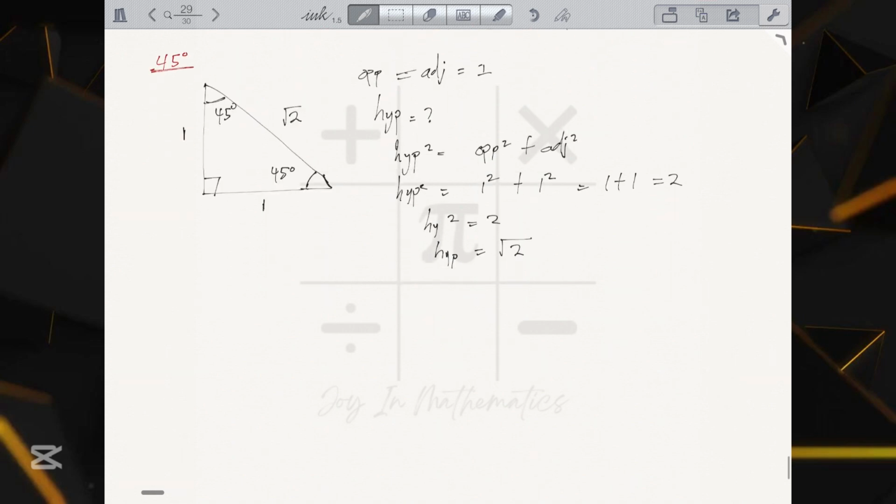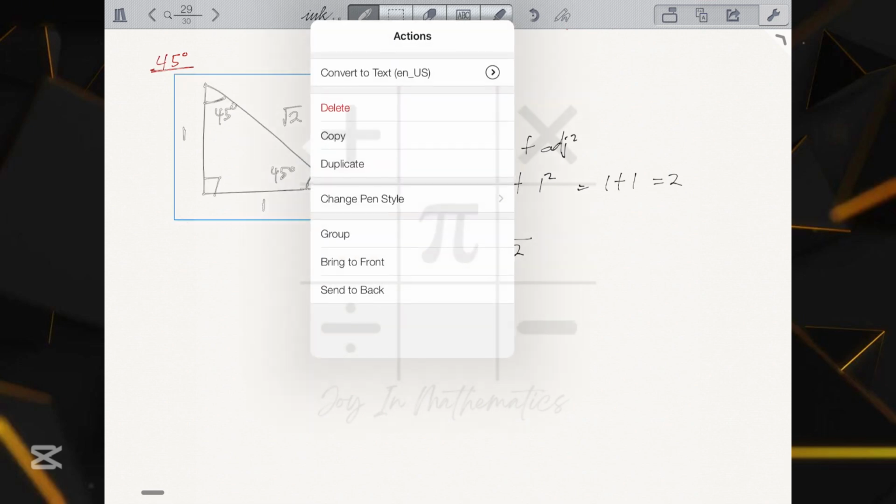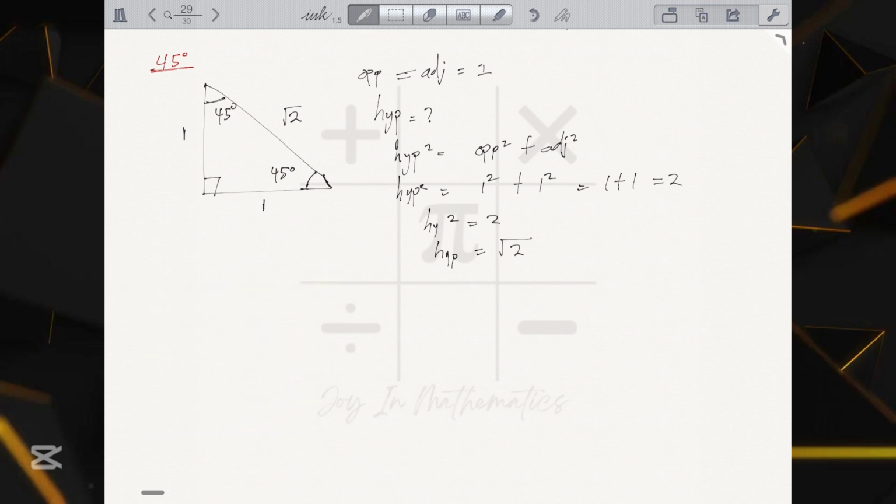Now with this we can duplicate this triangle and deal with it there. We will now find an expression for sine 45 degrees, an expression for cos 45 degrees, and also an expression for tan 45 degrees.